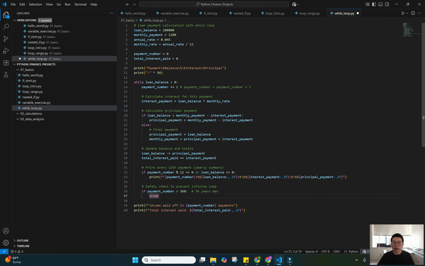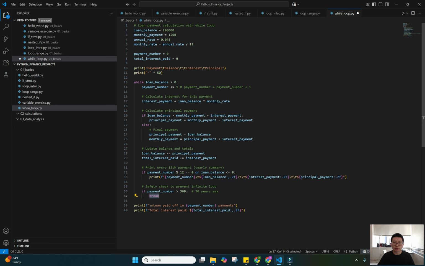We also want to add a limit, in case this is a super large loan that goes on for like 500 years, since we don't want to print all 500 years of monthly payments. So if the payment number is greater than 360 months, we will break the loop. This is what the break statement means, which we will cover in our next class.